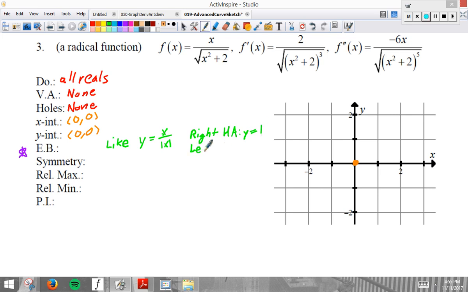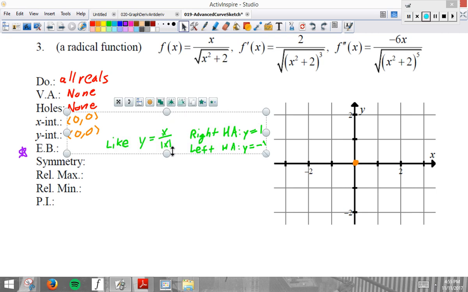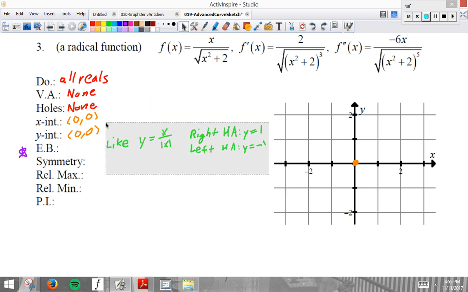And a left horizontal asymptote, notice how the bottom's always positive, negative 100 over positive 100, y equals negative 1. The faster you can make that decision, the better this whole question will go for you.